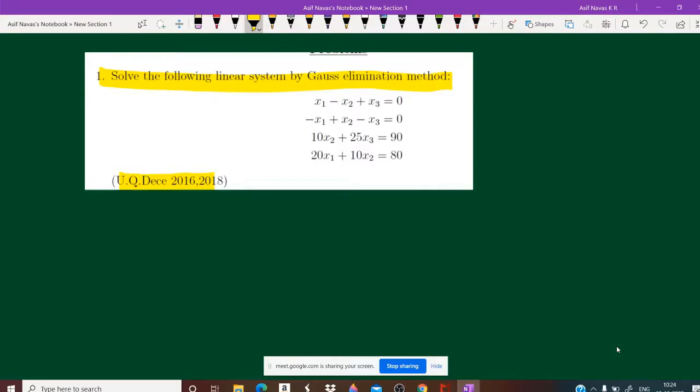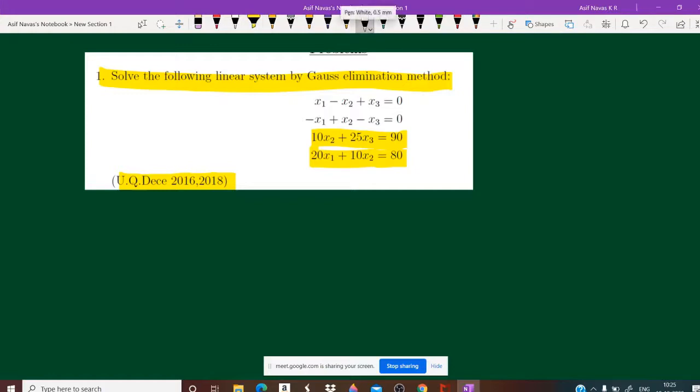And the fourth one, 10 x2 plus 25 x3 is equal to 90. 20 x1 plus 10 x2 is equal to 80.